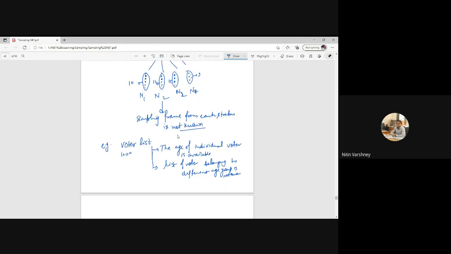We know that each and every one of the 1,000 voters is there and 1,000 ages are also there, but we don't know, suppose voting starts from 18, that 18 to 25 we make a group, 25 to 35 we make a group, 35 to 45, if we make equal intervals. Likewise we can make groups, and we don't know how many voters are there in a particular age group. So in such a situation, it is not possible to know in advance which stratum a sampling unit belongs to.